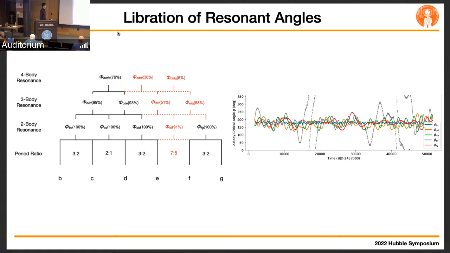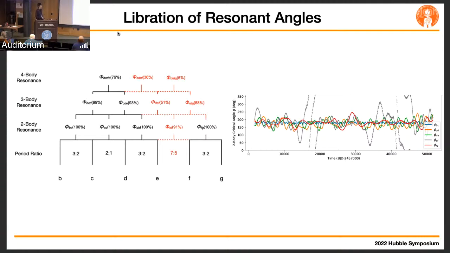And for TOI 1136, we are seeing pretty much the same situation here. The letters on the left show the various resonant angles involving 2-body, 3-body, or 4-body. And the number in the brackets is the fraction of our TTV solutions in which the resonant angle is in libration. We can see for the low order resonances, they have almost order unity probability of being in resonance, or in libration.